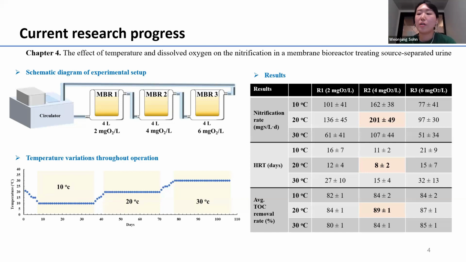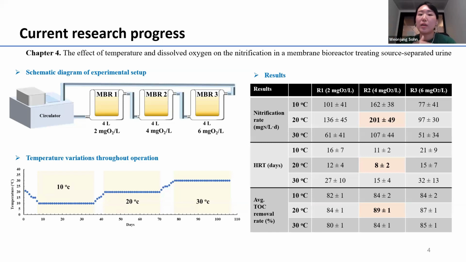So temperature is a very important operational parameter for nitrifying bacteria and the nitrification rate. Initially, previous studies showed that 10 degrees Celsius may have a higher nitrification rate than room temperature of 20 degrees, and 30 degrees Celsius can sometimes give higher nitrification than room temperature.